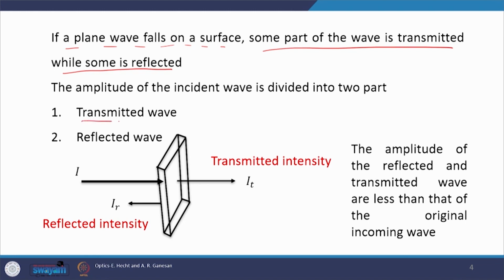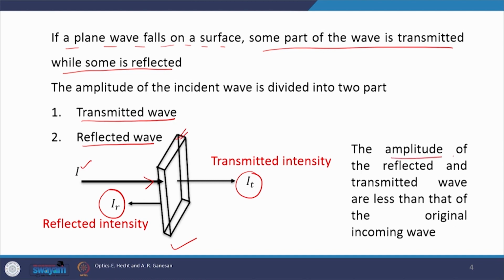The first part is the transmitted wave and the second is the reflected wave, which is shown schematically in this figure. The intensity I is launched, the transmitted intensity is represented by IT and the reflected intensity by IR. If you sum these two intensities, we will get the original intensity I, provided the film is lossless.